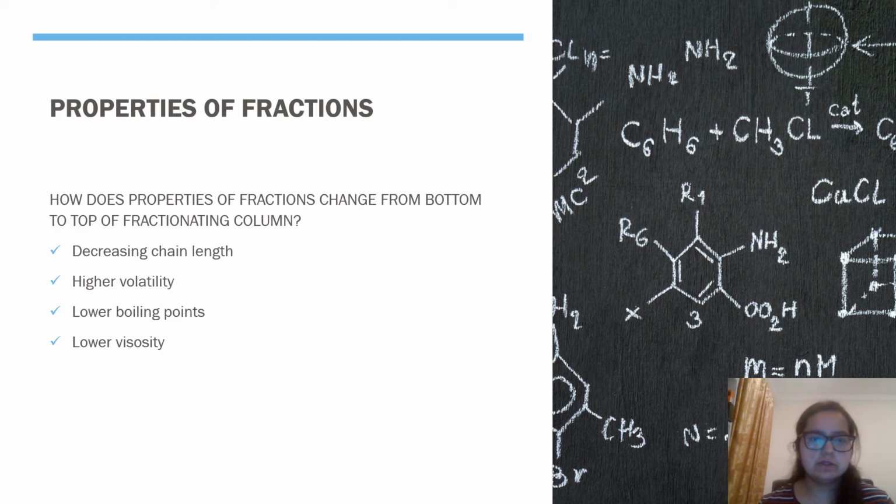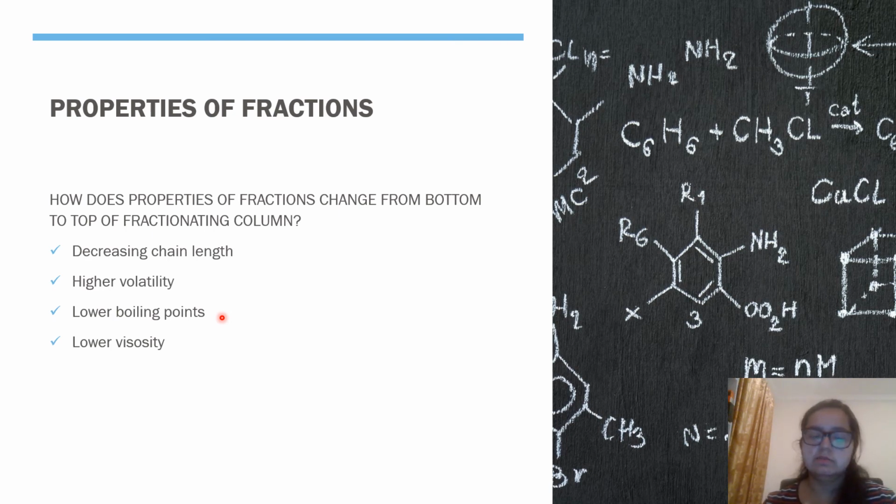So these are the properties of the fractions. As I told you, the boiling points are lower at the top and higher at the bottom. The carbon chain length keeps decreasing when you go from bottom to top, from bitumen to petroleum gas. That's the reason they have a low boiling point, because the carbon chain is shorter, so there are fewer forces and fewer bonds to break.